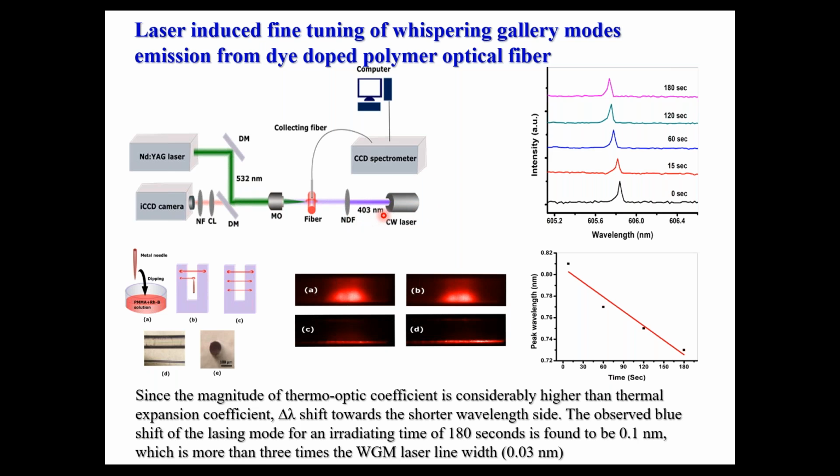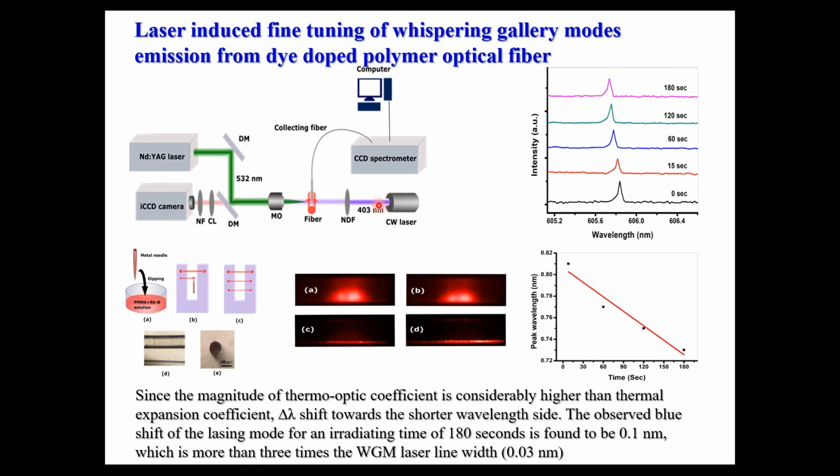In the ultraviolet region, that is 403 nanometer, that is focused onto the fiber, and this fiber is being pumped with the 532 nanometer green laser, and simultaneously these two radiations are falling on the fiber. Because of the pumping, there is lasing, and one particular frequency can be monitored while it is being irradiated with the second laser.